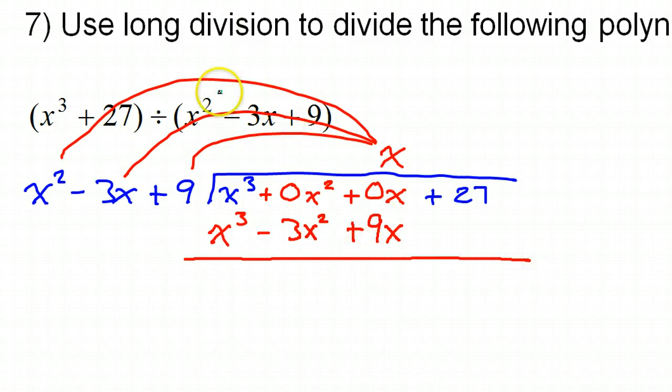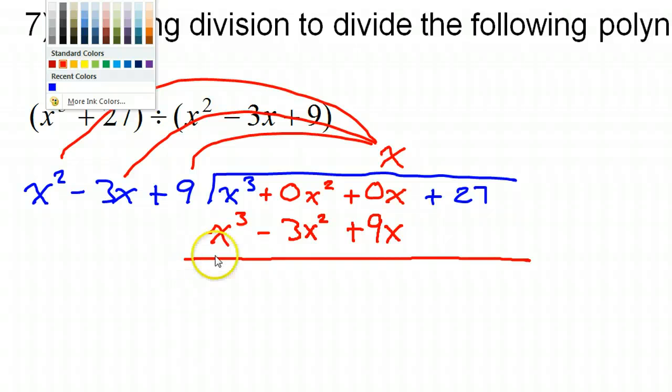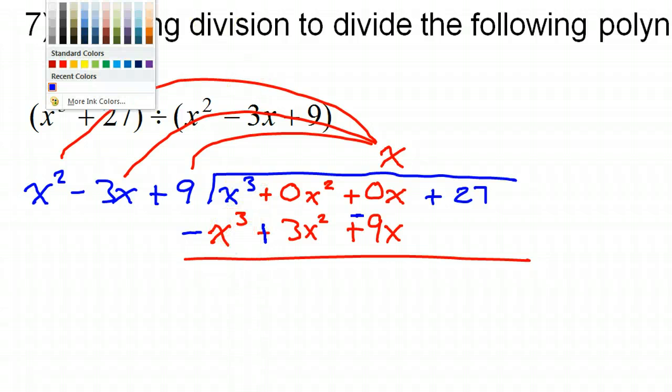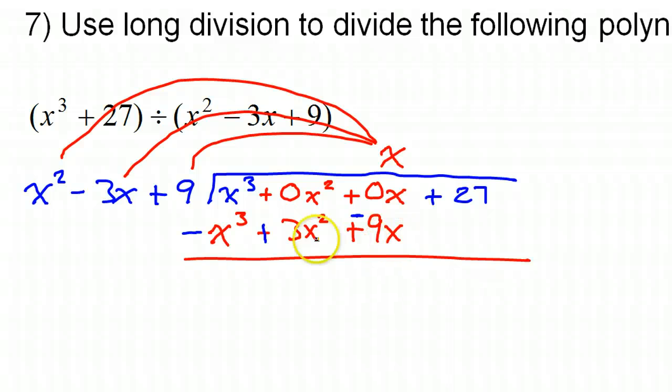Now when you do long division, once you get this, you always subtract this. And for polynomials, I like to subtract by simply changing the signs and combining like terms. So I'll make this negative, I'll turn this positive, this needs to be negative. So if I combine like terms now, then I'm really subtracting.